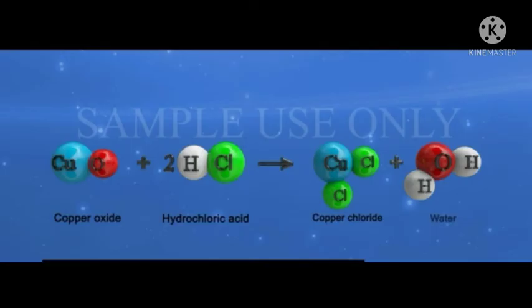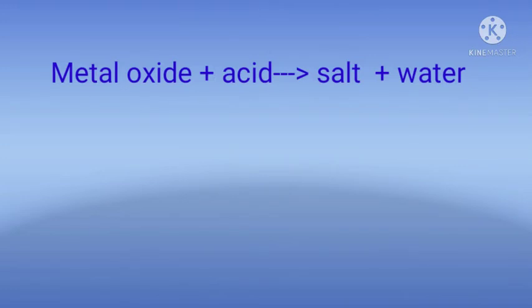During this reaction, when we add a metallic oxide, that is copper oxide, to an acid, we get a salt plus water. Copper oxide reacting with hydrochloric acid gives copper chloride, CuCl2, plus H2O. So when a metal oxide reacts with an acid, we get salt and water.